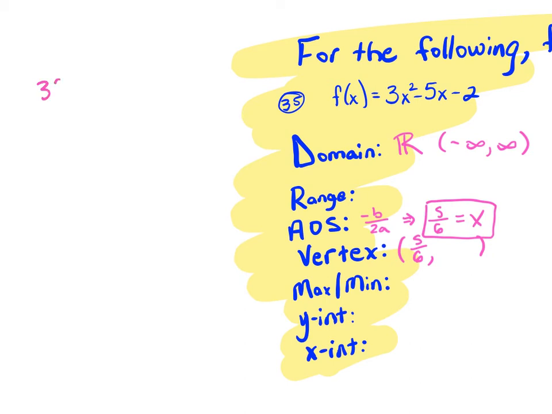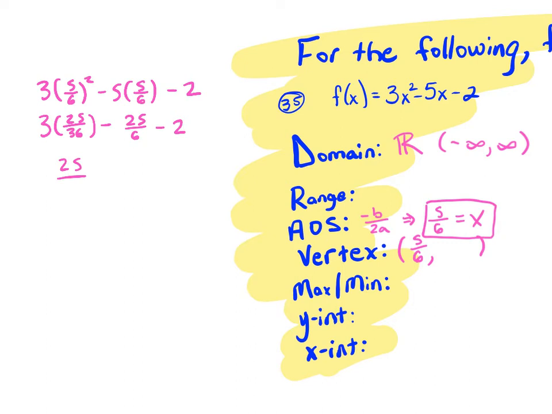So we have 3 times (5 over 6) squared minus 5 times 5 over 6 minus 2. So 3 times 25 over 36 minus 25 over 6 minus 2. Multiplying 3 times 25 over 36 would give us 25 over 12.